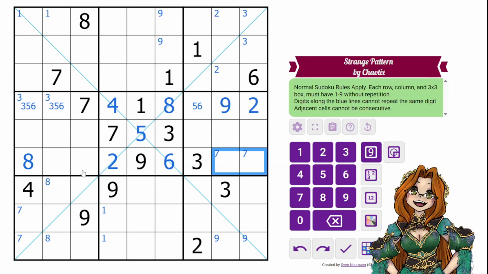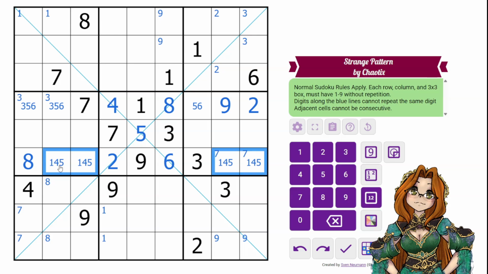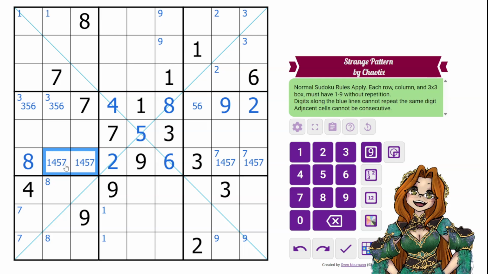And what is it on this row? I believe it's going to be the same. So we need a 1. We have 2, 3. We need 4, 5, and 7. So 4 and 5 have to be kept apart by the 1, which can't go next to the 2. So we have a 1 here, 4, 5 here, and a 4, 5, 7 here.